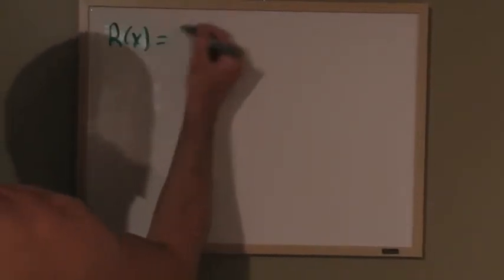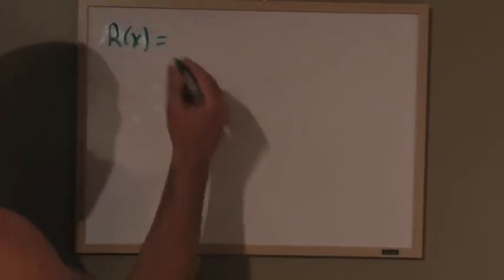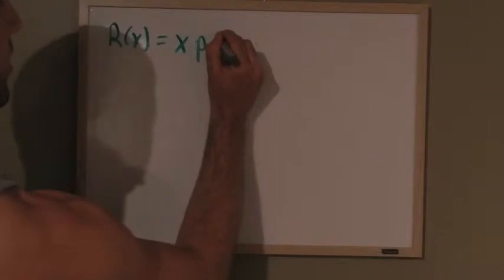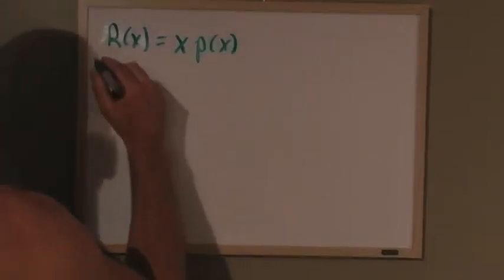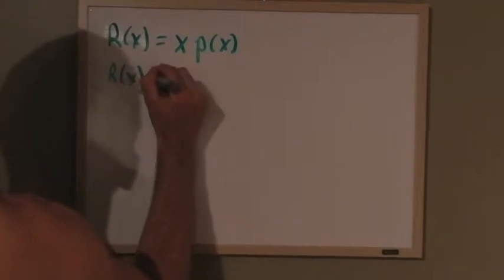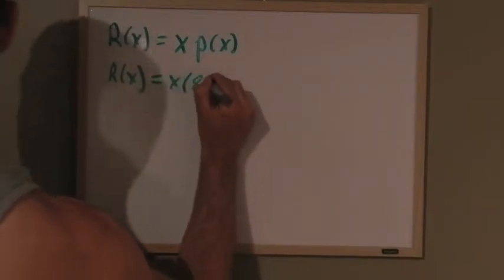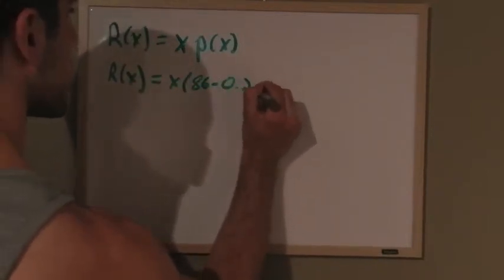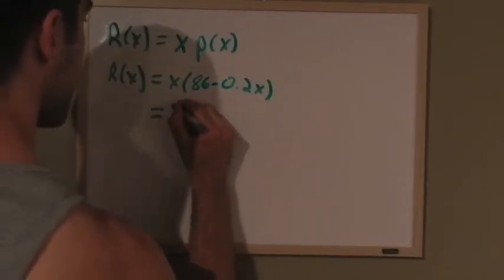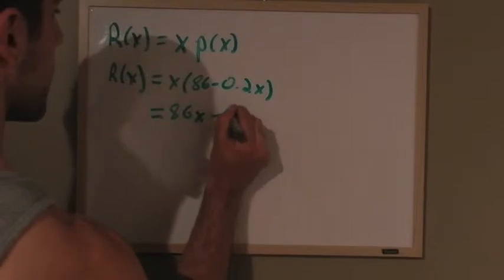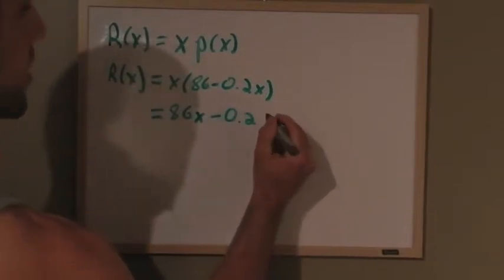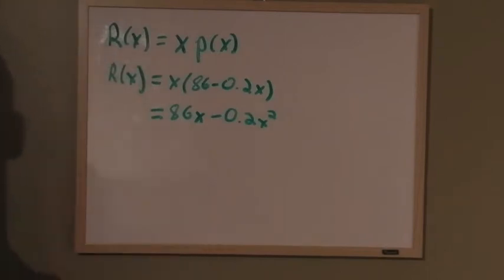And what we simply do to find our revenue function is multiply our P of X by X. So there's our X, and here is our P of X. Therefore, our R of X equals X times P of X. This is where we put in our P of X equation, and we simplify that: 86x minus 0.2x squared, and that is our revenue function.